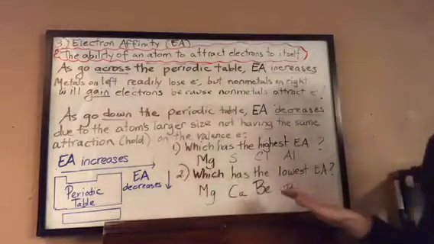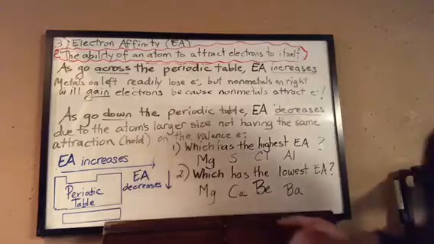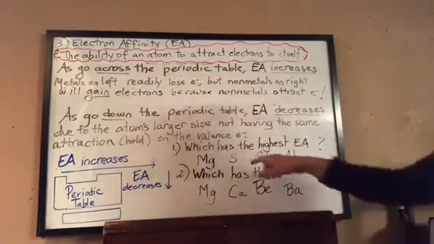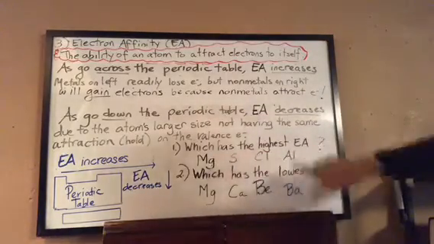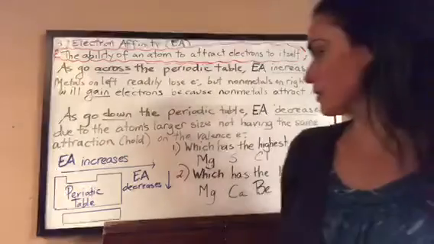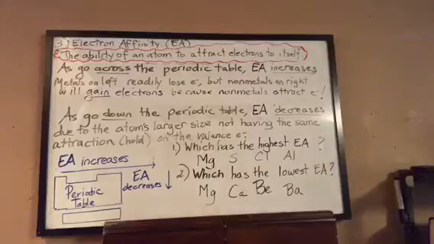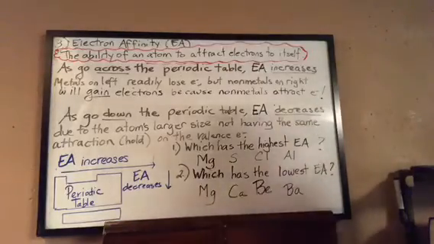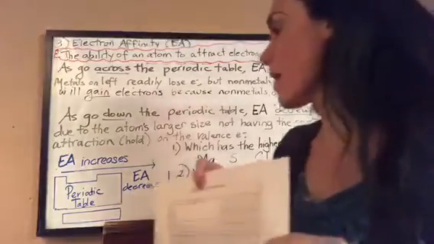So let's compare the same four elements, but let's switch it up a little bit. Out of these four, which has the highest electron affinity? If we're comparing magnesium, sulfur, chlorine, and aluminum, electron affinity increases as we go across.